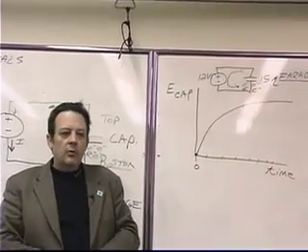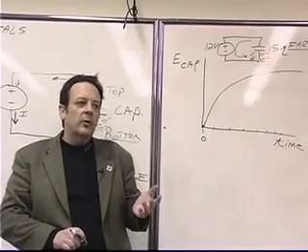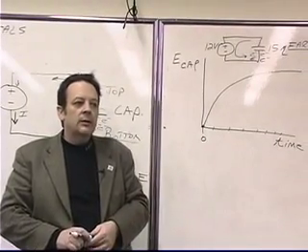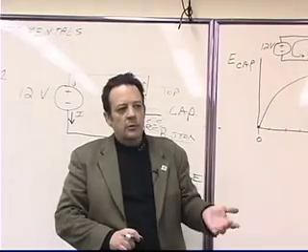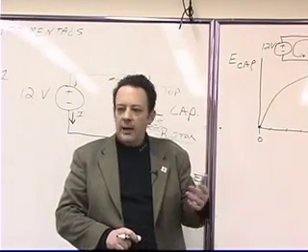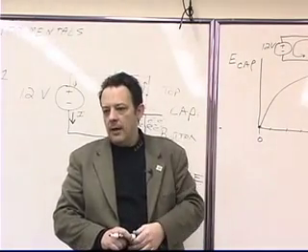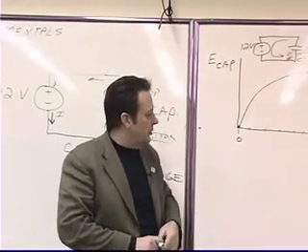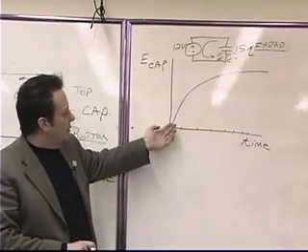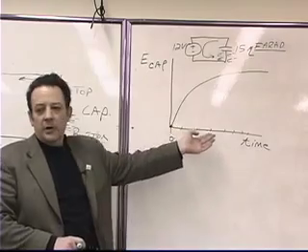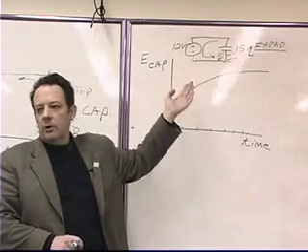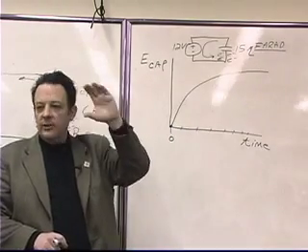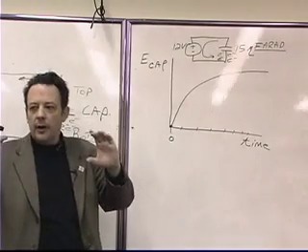The reason they don't give it to you in the book is because they don't expect you to understand logarithms, natural logs, calculus, and higher level math. So they just tell you that this is how the voltage is going to build up with respect to time in a circuit where you have a DC source, a switch, and a capacitor.